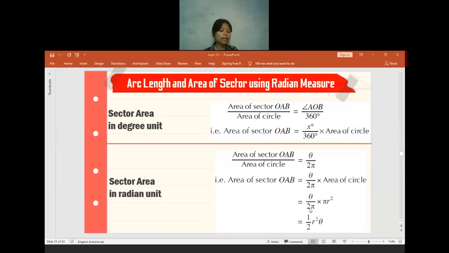So it will be theta divided by 2 pi times pi times r square. We can cancel the pi, so the leftover is only a half times r square times theta. This is the formula when we are going to find the sector area using radian unit. Please make note of the formula.